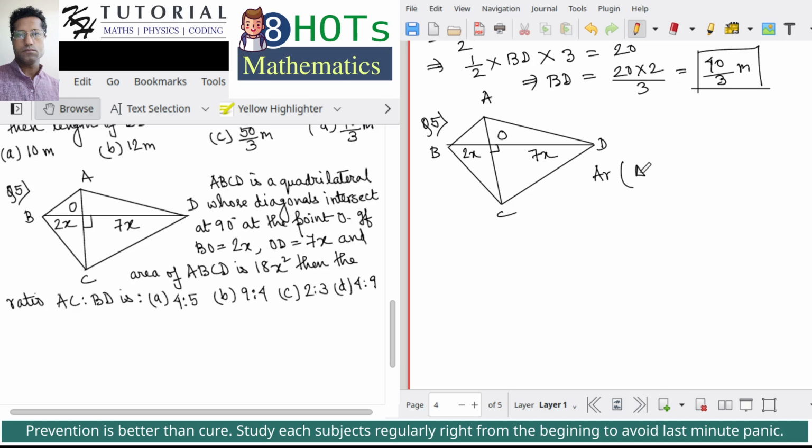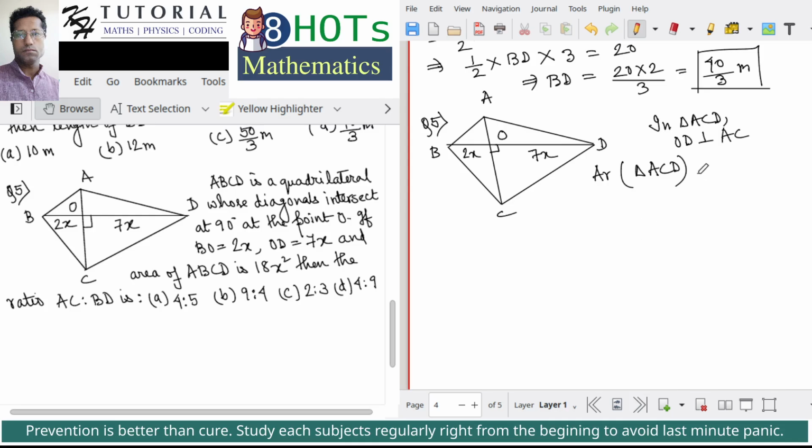Let's find what is the area of triangle ACD. In triangle ACD, we see that OD is perpendicular to AC. So we can consider AC as the base of the triangle ACD and OD as the height.